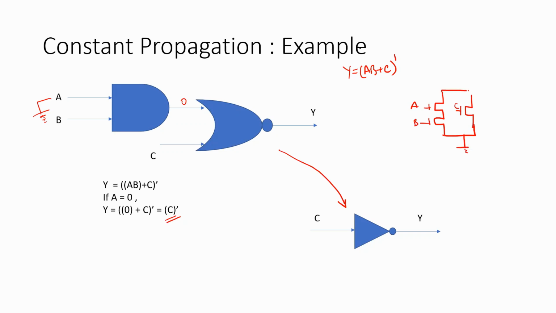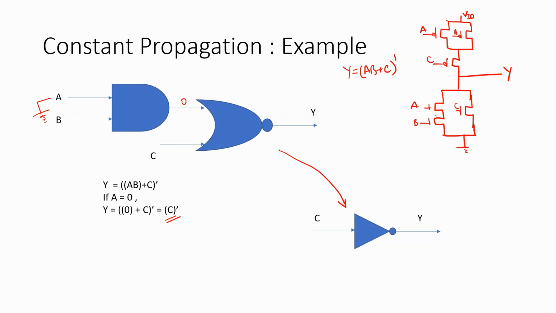So of course I'm going to have the dual of this network sitting here. This is going to be VDD, and this is going to be my Y. So this is (AB + C) the whole bar, and the pull-up network using PMOS is going to be exactly the dual of the NMOS.